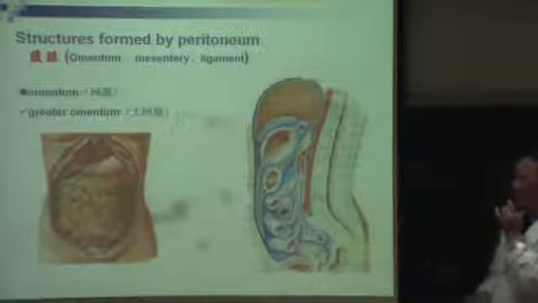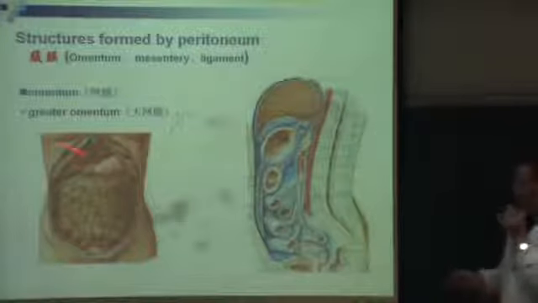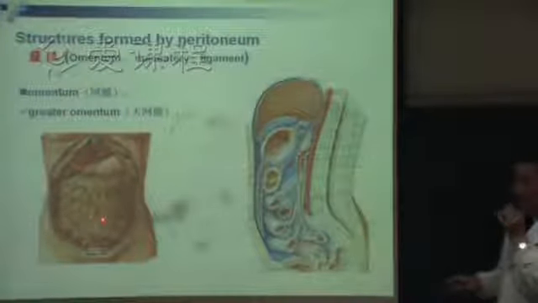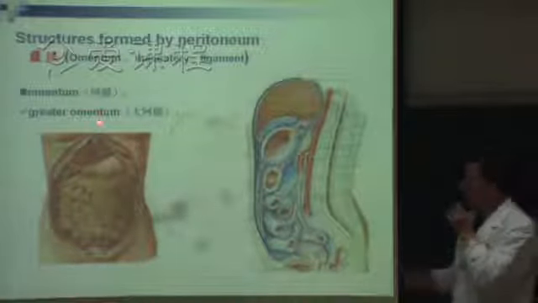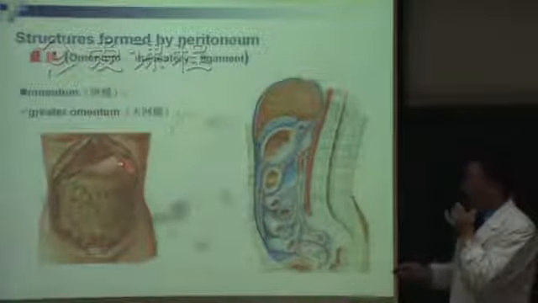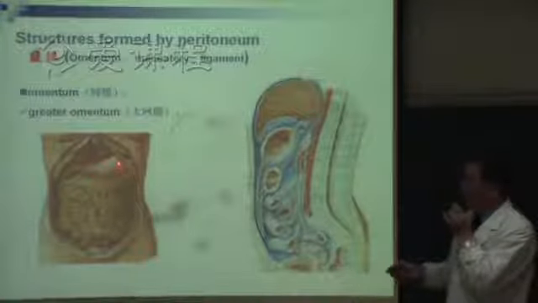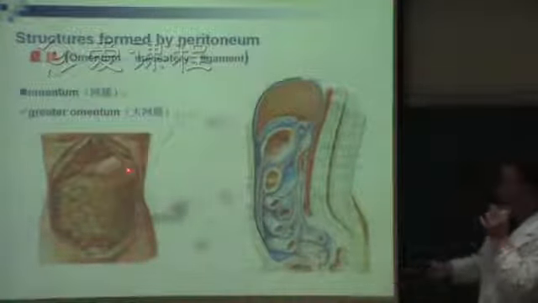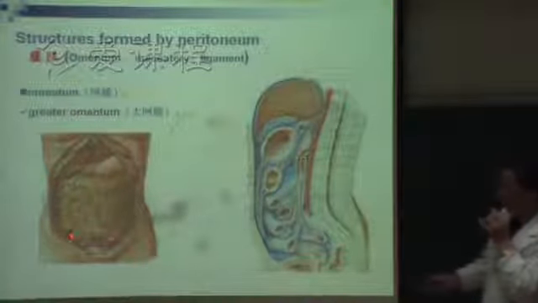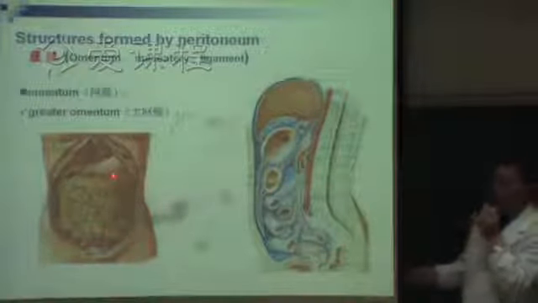Greater omentum, where is it? This one. The greater omentum is stretched from the greater curvature of the stomach, goes downward and reflects upward.